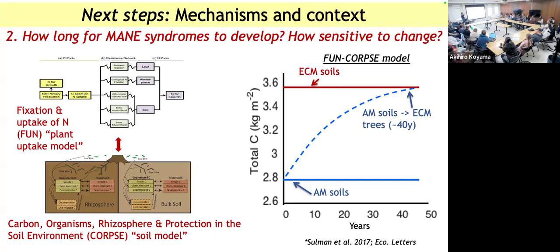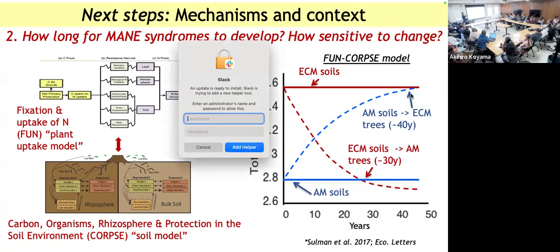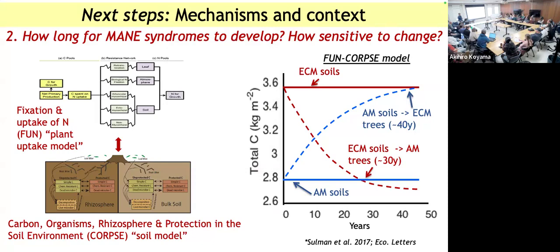It starts to look like an ECM plot. So there's a legacy of the soils, but you override it after about 40 years. When we did the opposite, when we took ECM soils and planted them with AM trees, you have a different effect. In about 30 years, you have the different effects.